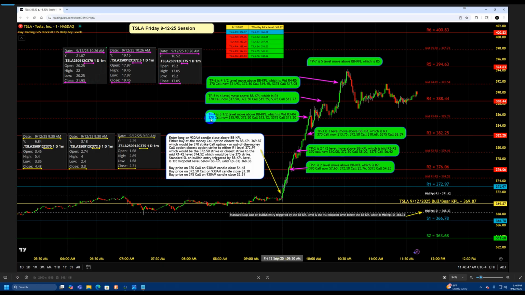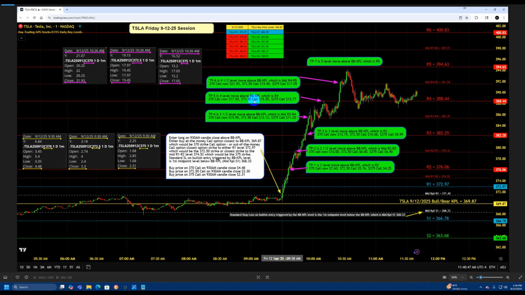For small float, low float stocks, let's say your over-the-counter stocks that might be in the $1 to $5 range, this indicator can generate up to 10 levels above and 10 levels below the bull bear KPL.